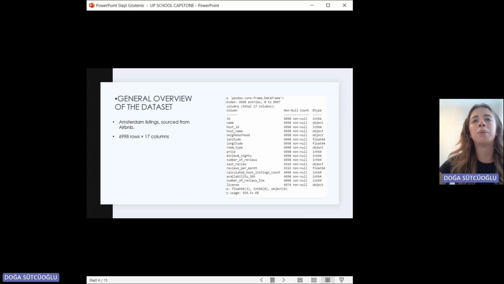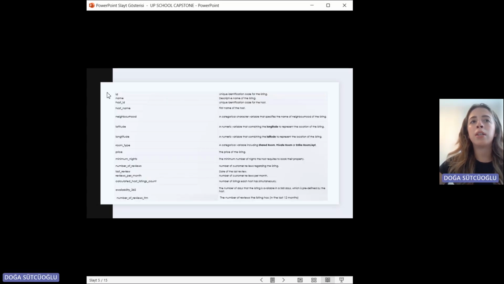It consists of Amsterdam listings, which is sourced from Airbnb. There are 6,998 rows and 17 columns. There are the explanations of the columns. The columns are ID, name, host ID, host name, neighborhood, latitude, longitude, room type, price, minimum nights, number of reviews, last review, reviews per month, calculated host listings count, availability, number of reviews LTM.